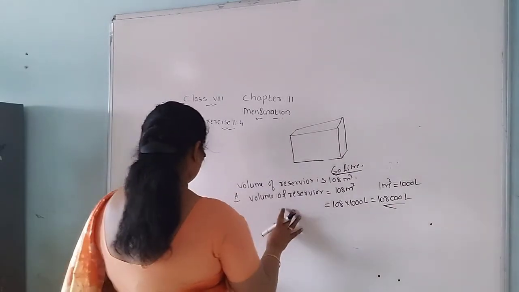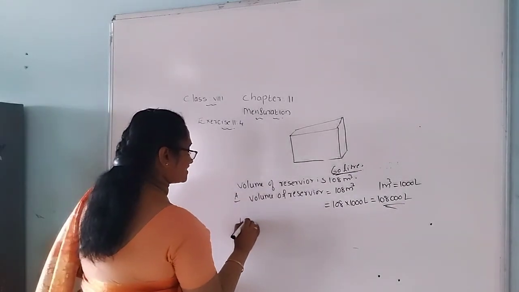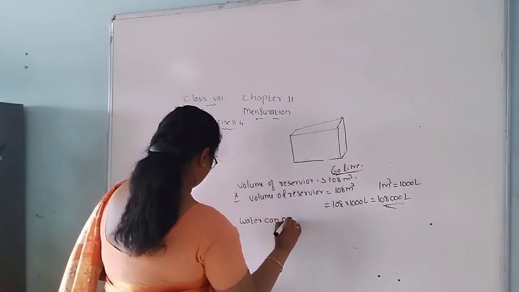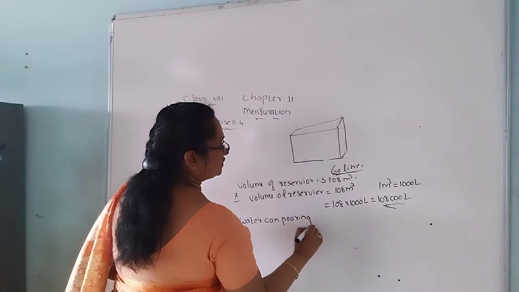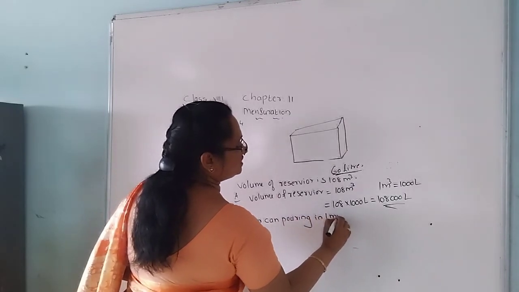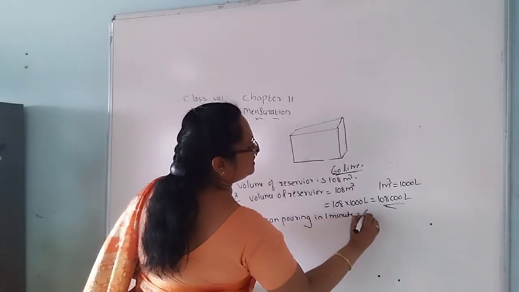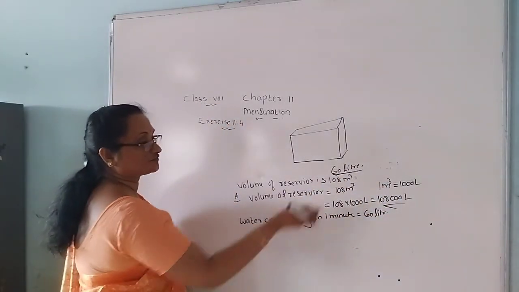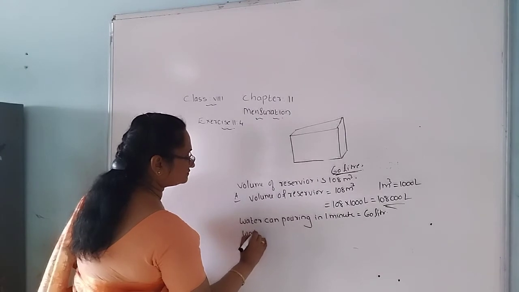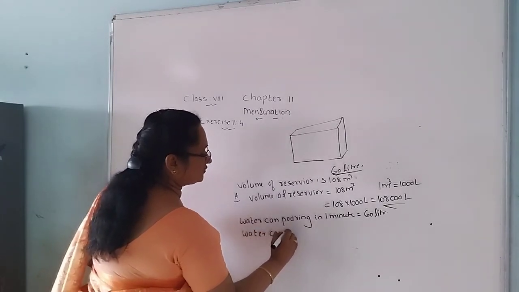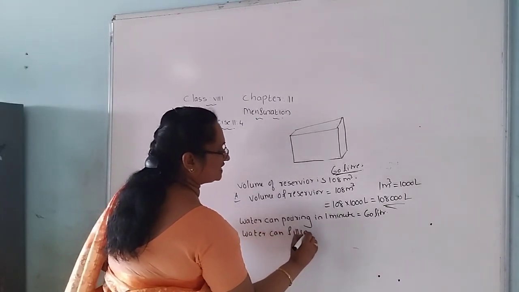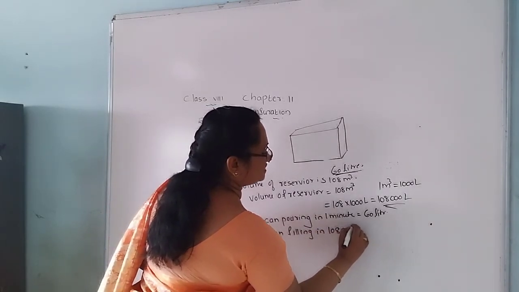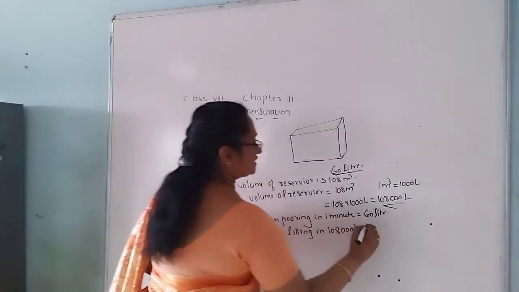Then they have given us the water poured in 1 minute. It is given in the question as 60 liters. So our water tank has a volume of 108,000 liters.